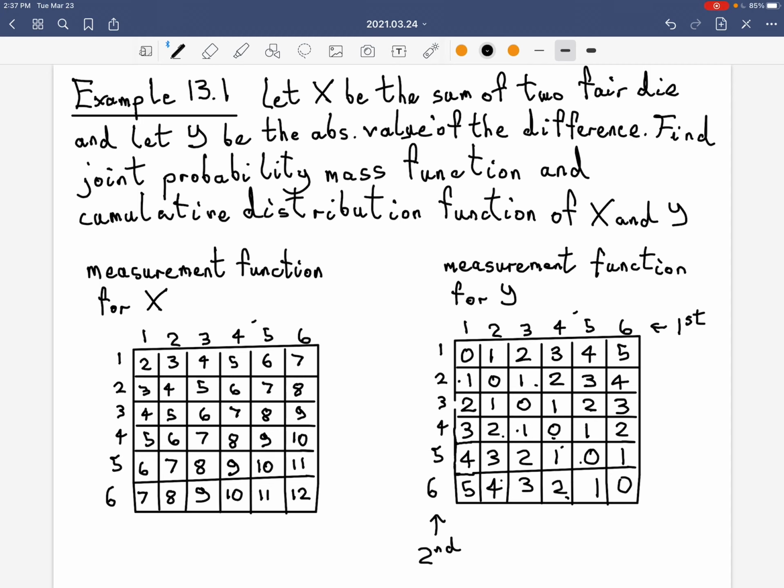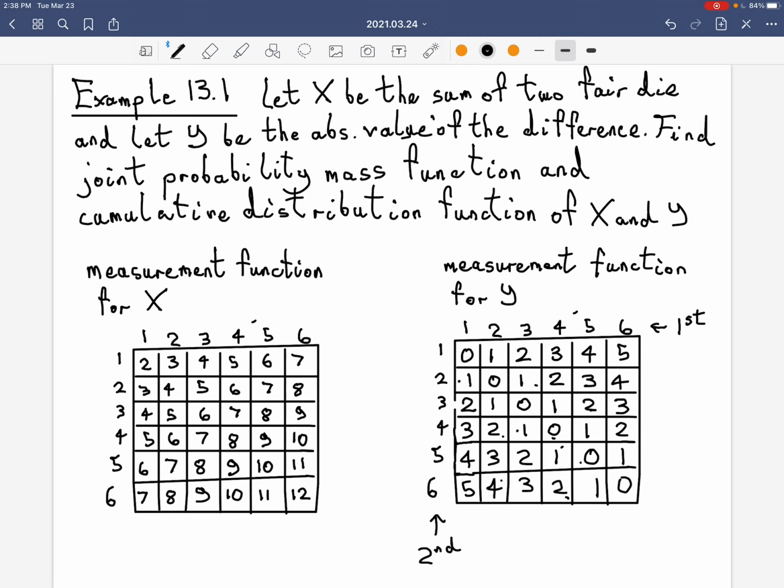Okay, so let's see this example where we let x be the sum of two fair dice, and we let y be the absolute value of the difference. So what we want to do is to find the joint probability mass function and cumulative distribution function of x and y.